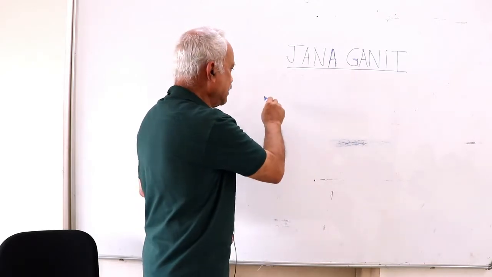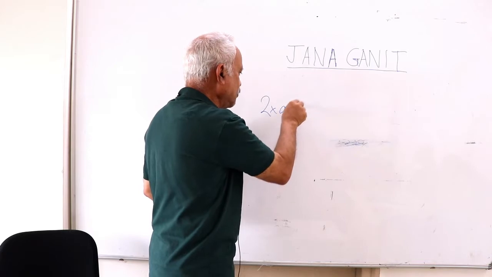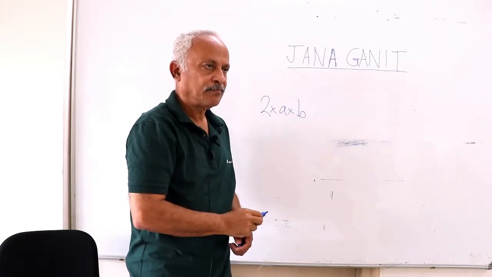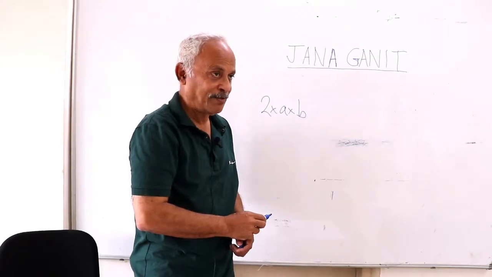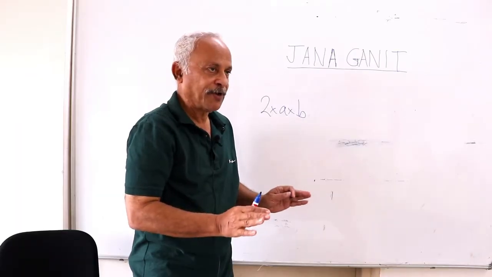Nandita, tell me the factors of 2 into A into B. 2A and B, or 2 into A and B. Not 2 into A and B. Yeah, but A and B is not a factor.